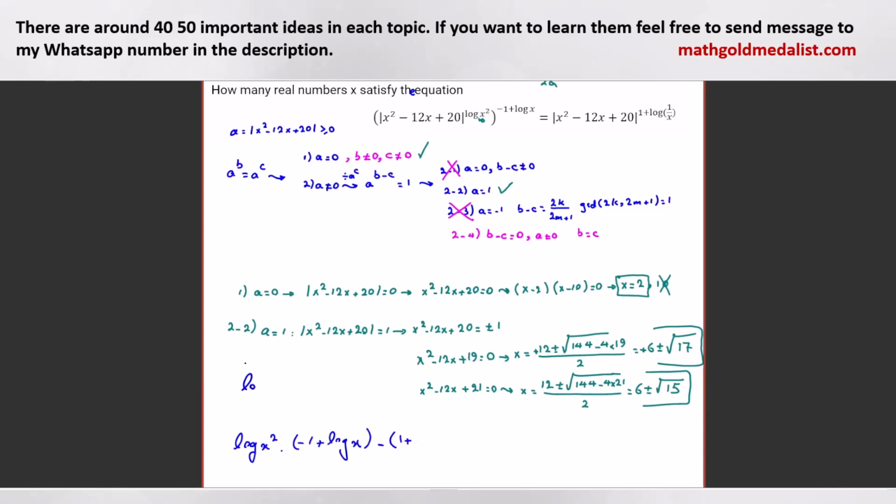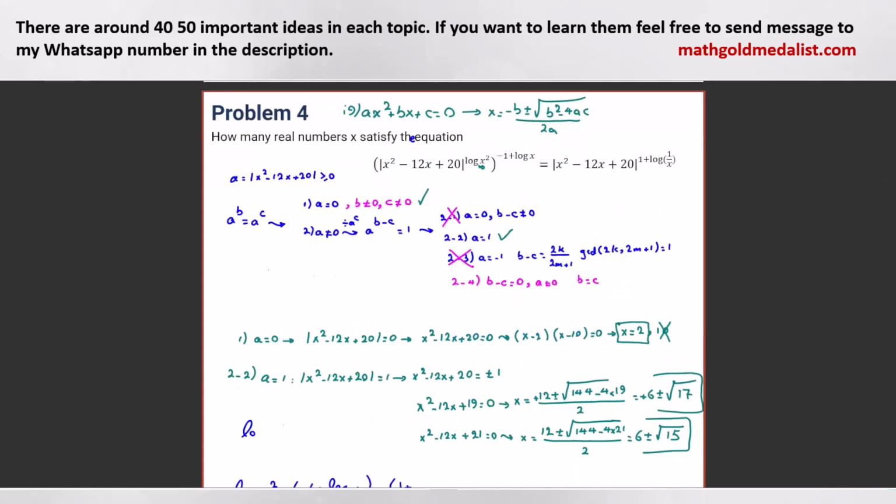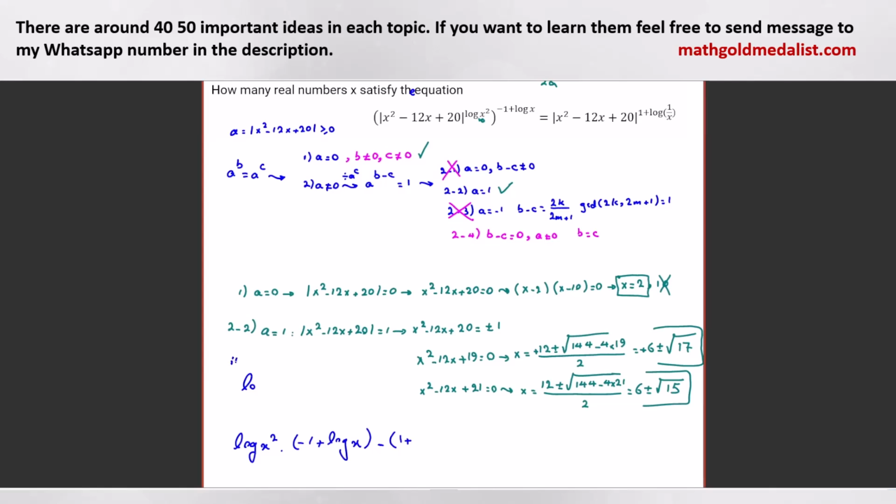Let me tell you something again. You can write it as idea 10. Log of 1 over x is minus log x, because it is x to the negative 1, you can take the power in front of the log. So let's write it: 1 minus log x.